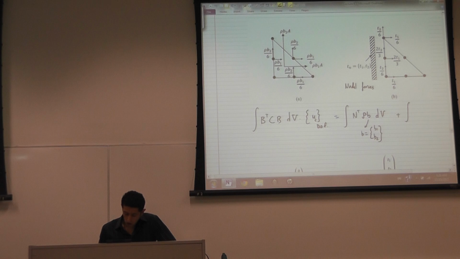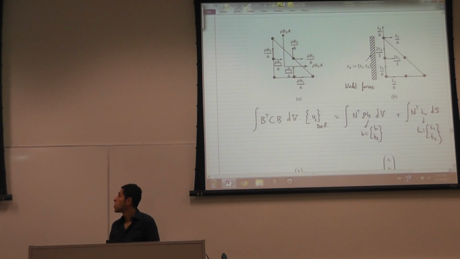The nodal forces due to the traction vectors are equal to N transpose multiplied by Tn integrated over the surface, where Tn will be equal to T1 and T2.